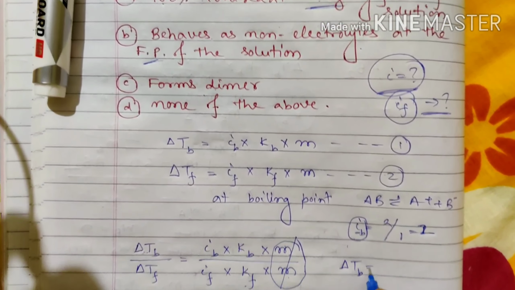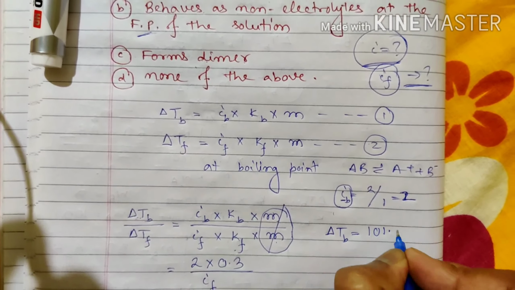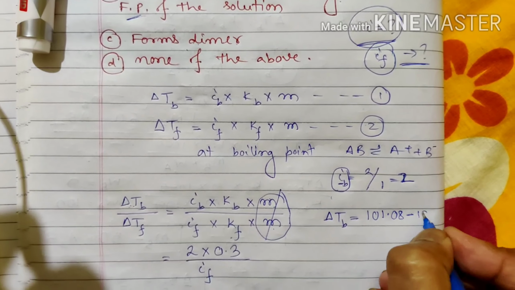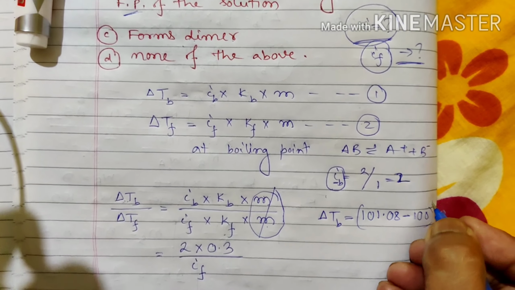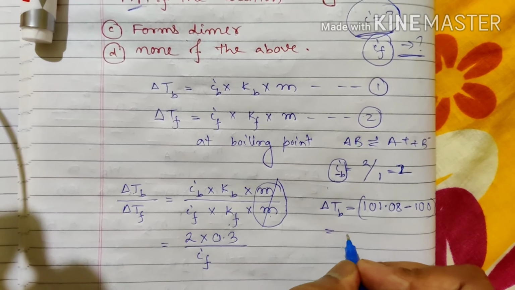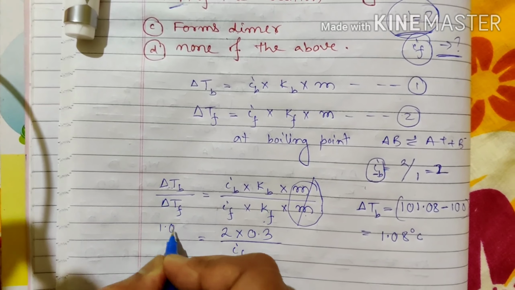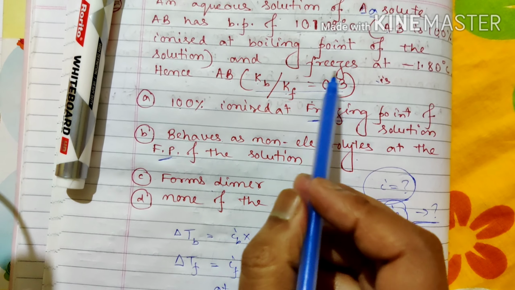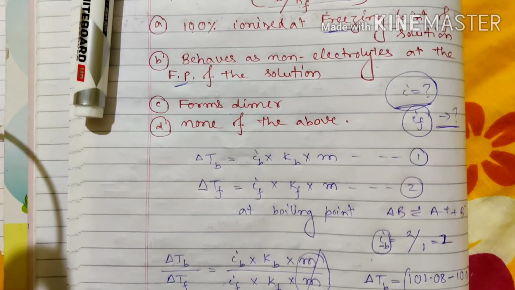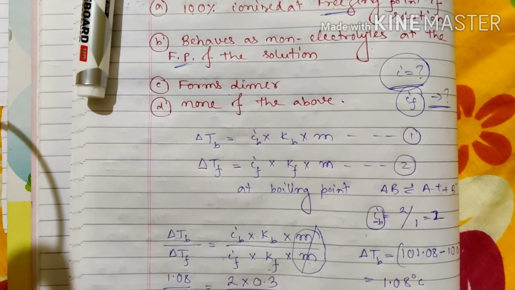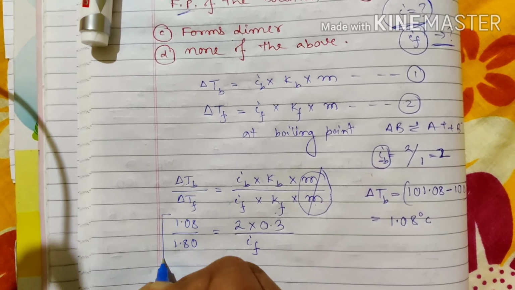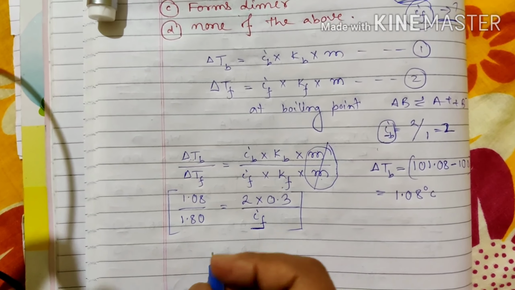So the value should be 101.08 minus 100 degrees Celsius. That means it is 1.08 degrees Celsius. So here I can write 1.08 and delta TF is given minus 1.80. So it is 1.80. So now we should calculate the value of IF from here.